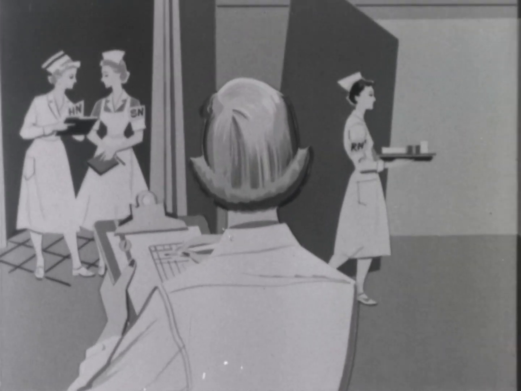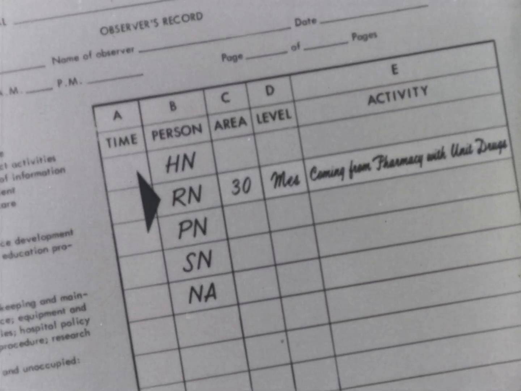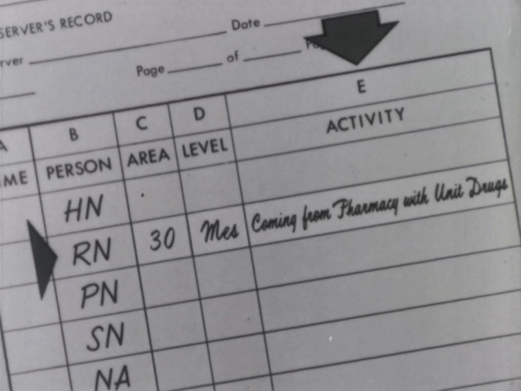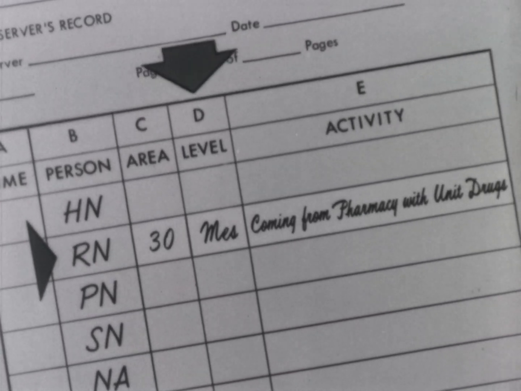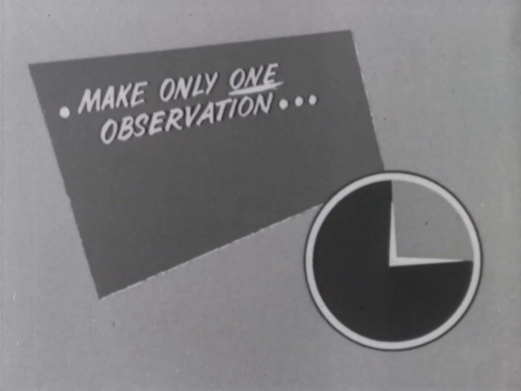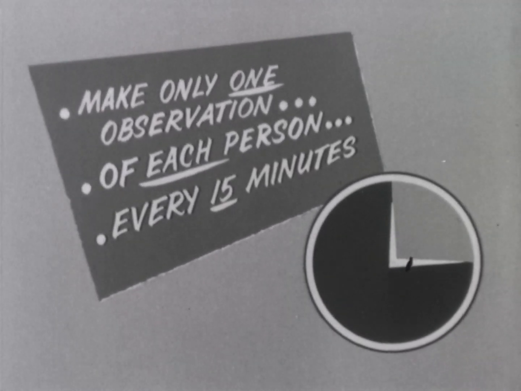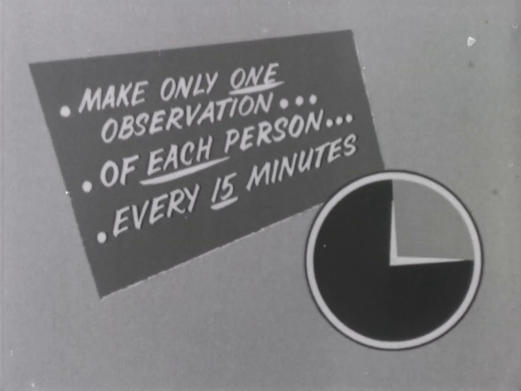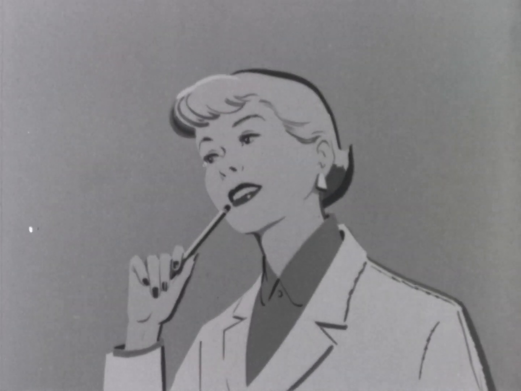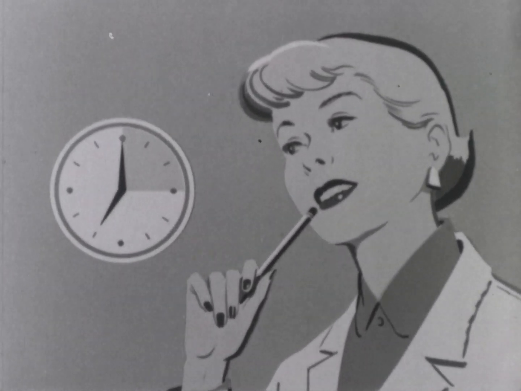We recorded our observations on the observer's record sheet, entering the activity clearly and concisely, coding it by area and by level, and making only one observation of each person every 15 minutes. We will continue to use the same observation method and the same 15-minute observation period in this film.